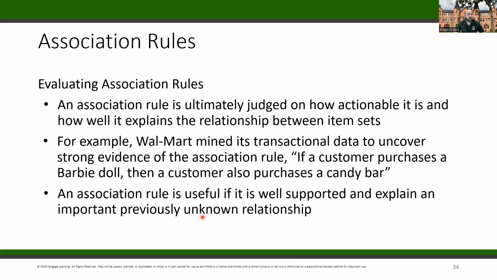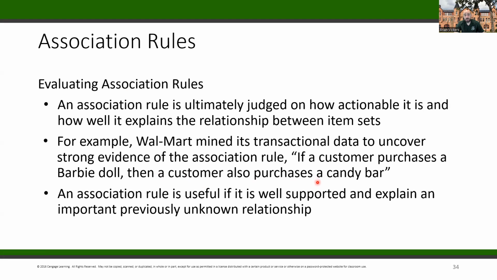Evaluating it, you're ultimately evaluating it based on if it's actionable, if it explains the relationship well, and if we can do something about it. So here's Walmart. They've looked at all these things. If a customer purchases a Barbie doll, then a customer also purchases a candy bar. Okay, well, maybe we put some Barbie accessories in the candy aisle.